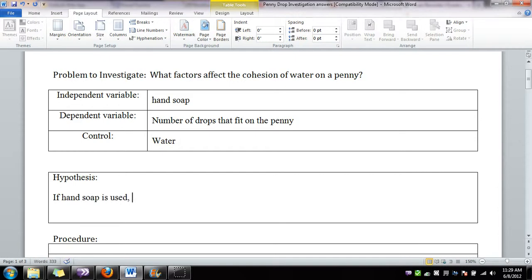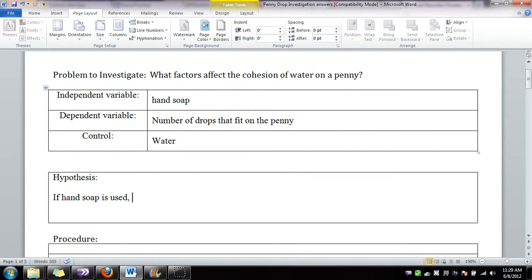In this case, we don't want to say increase or decrease. This particular lab isn't looking at a cause and effect relationship where if you increase one factor, it changes another factor. In this particular case, we're just simply looking at if we use one category or if we use one item instead of another item.